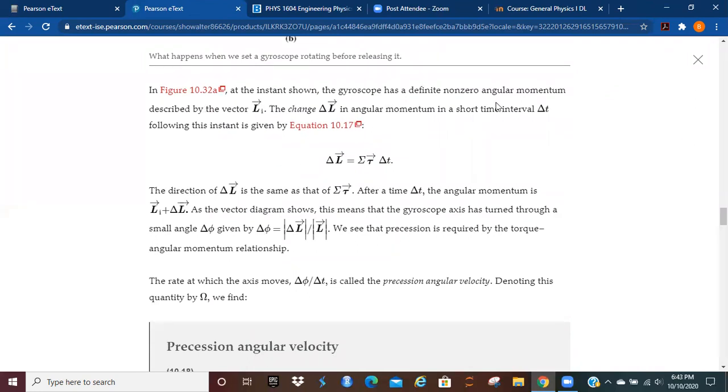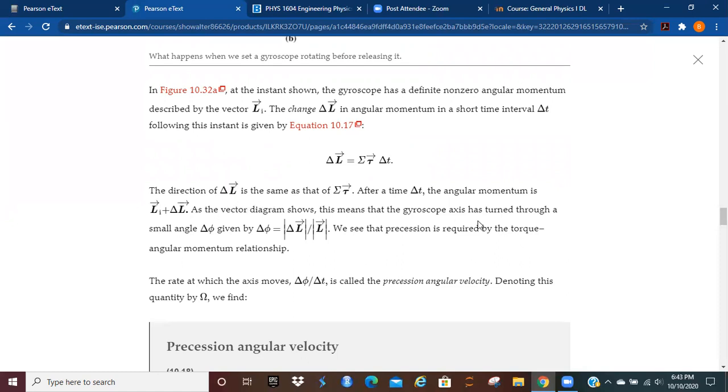So the gyroscope has a definite non-zero angular momentum described by this vector. The change in angular momentum in a short interval is given by this particular equation, 10.17. The direction of the change in angular momentum is going to be the same as that of the torque. After a time delta t, the angular momentum is this, basically what you started with, plus the change.